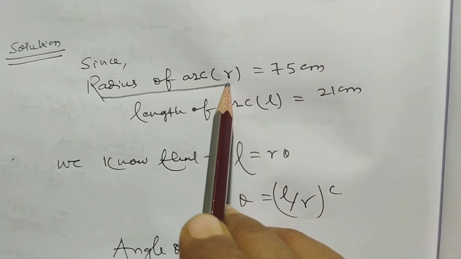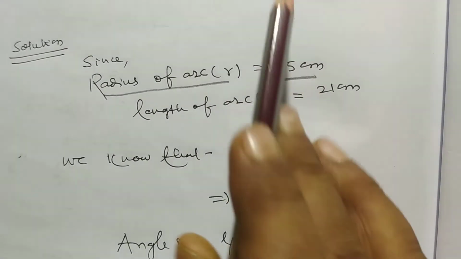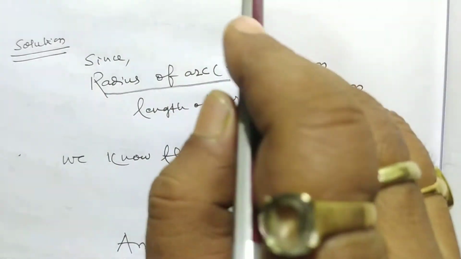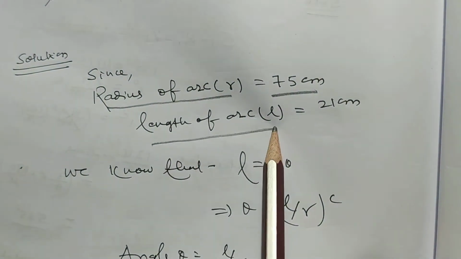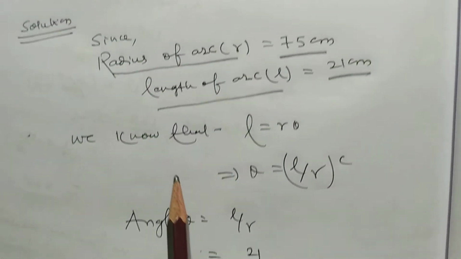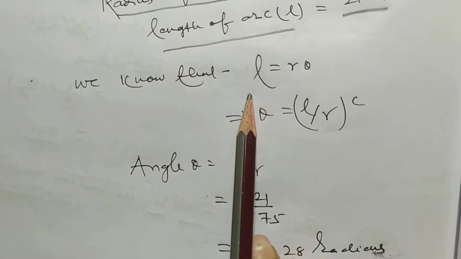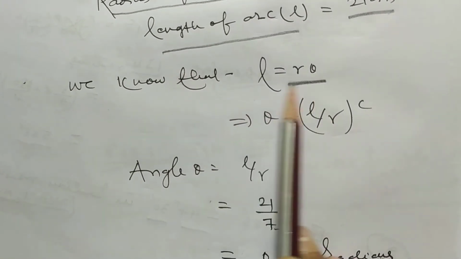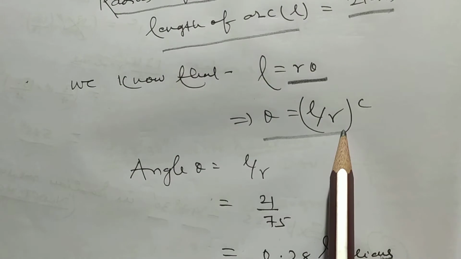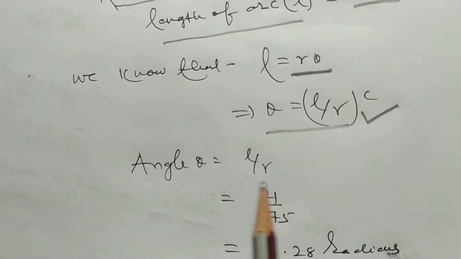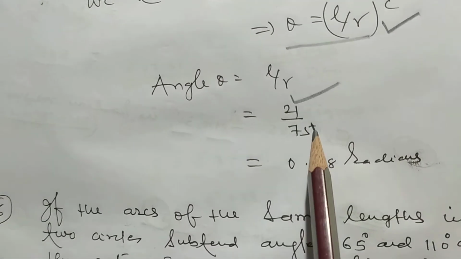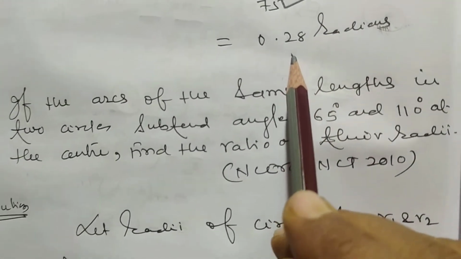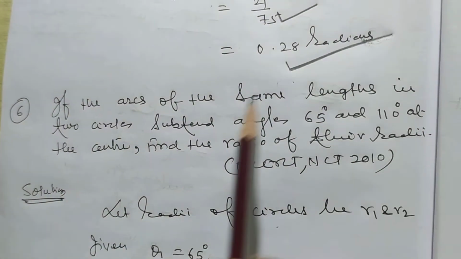Radius of arc is equal to 75 centimeter is given. So length of arc L is 21 centimeter. So we know that L is equal to R into theta. So theta is equal to L by R radian. Angle theta is equal to L by R, that is 21 by 75, that is 0.28 radians.